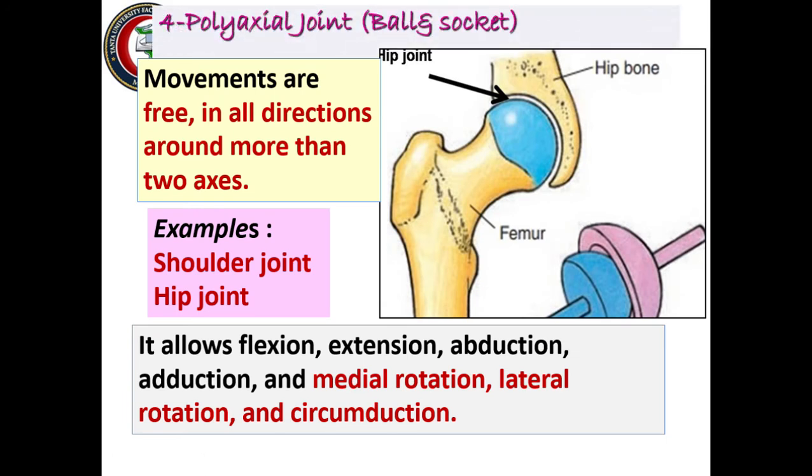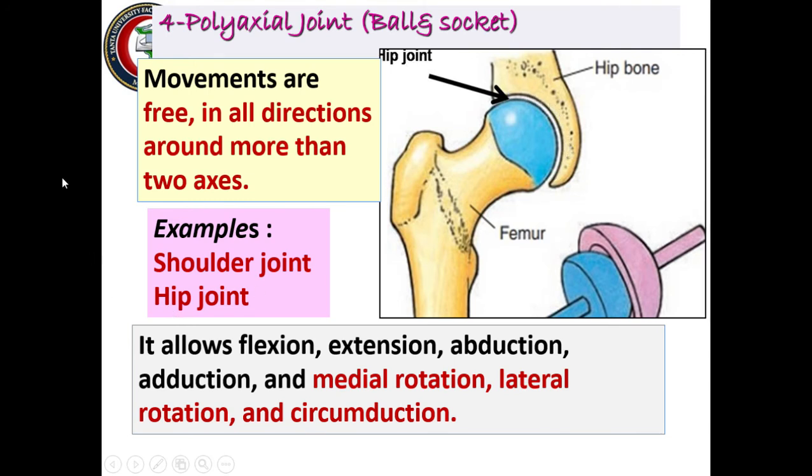Now the polyaxial joint. It is the fourth type of the synovial joint, called polyaxial or ball and socket. Polyaxial because it has more than two axes. Ball and socket because there is a ball in one end that fits in a socket in the other end.